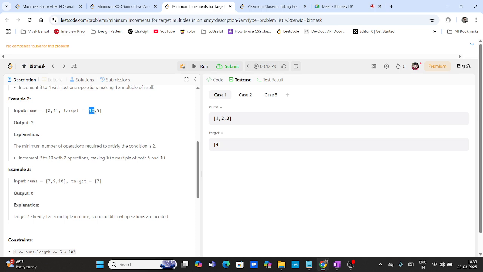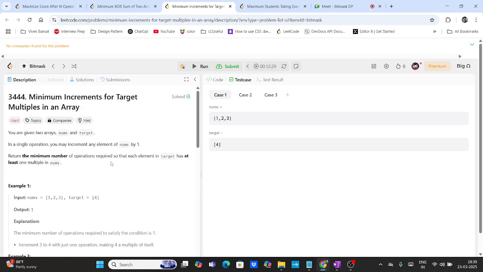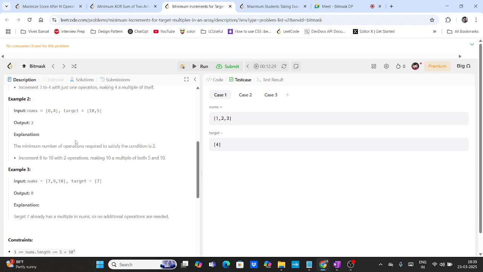Then 10 will also divide. Every element in target should have at least one multiple. If you increment it by 2, then 10 will be a multiple of 10 and 5 will also divide 10. So at least one should satisfy.